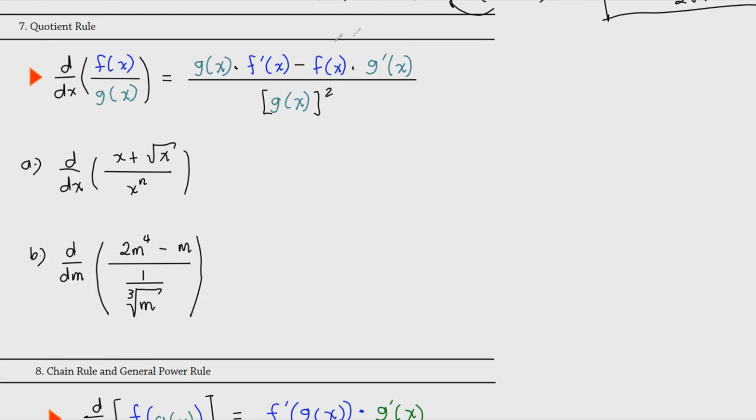Now for the sake of understanding, let me first dissect all of these into g of x and f of x. In this case, we have f of x being equal to the numerator, that is x plus square root of x.